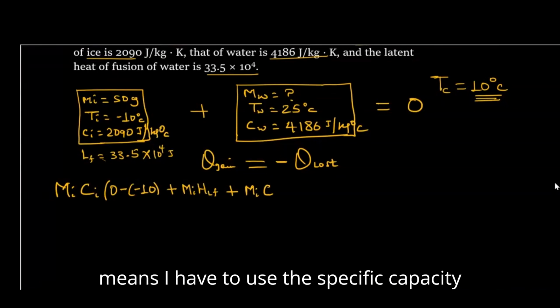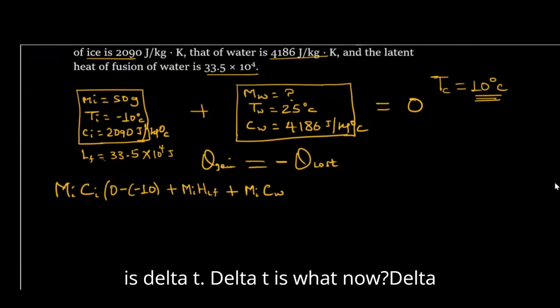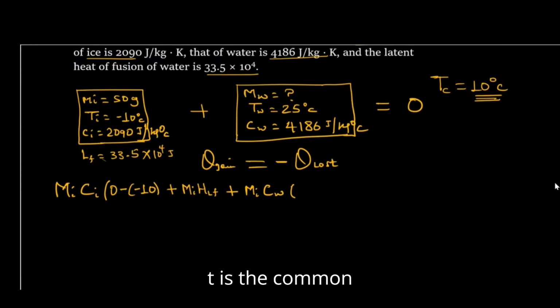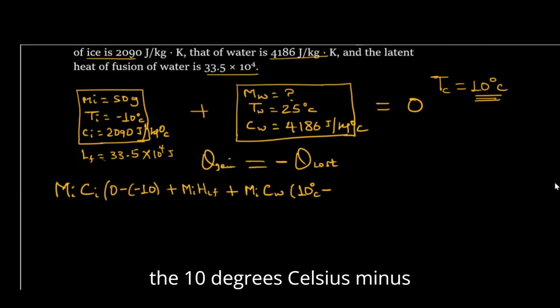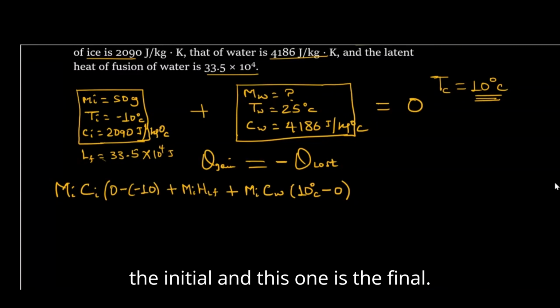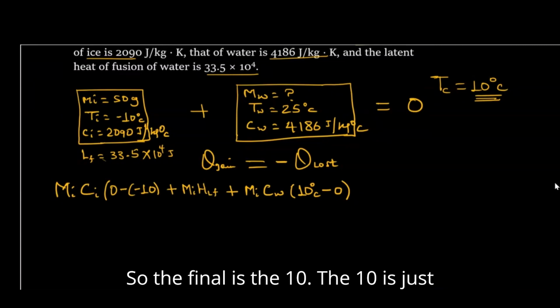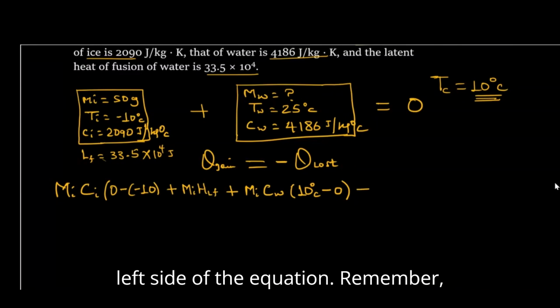So that means I have to use the specific heat capacity of water in this case, and then times delta T. Delta T is the common temperature, which is the final temperature that's going to be reached, 10 degrees Celsius minus 0, because 0 is the initial and this one is the final. So the final is the 10, the common temperature. So this is the left side of the equation.